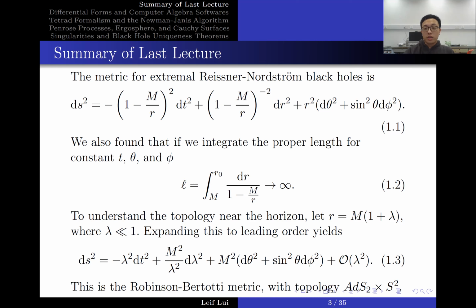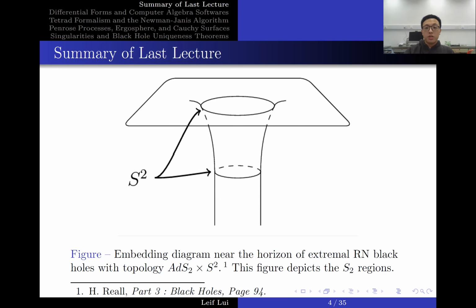I can show you what this kind of looks like on an embedding diagram. In the last lecture, I showed you this embedding diagram obtained from Rial's lecture notes. These two regions correspond to the spherical part. Later, I will probably prove, using Hawking, who actually proved that for any black hole in 4 dimensions, the event horizon must have a topology of S2.